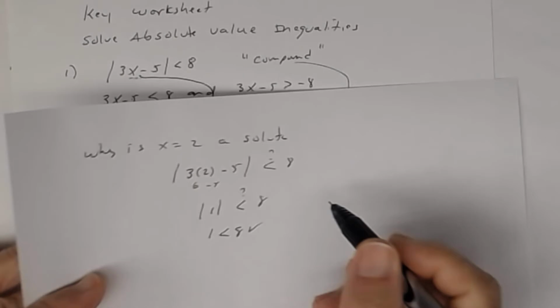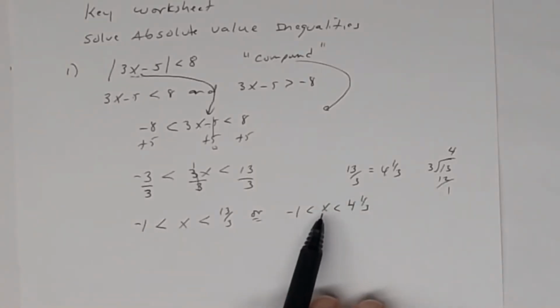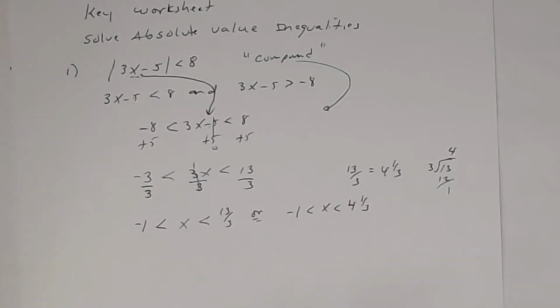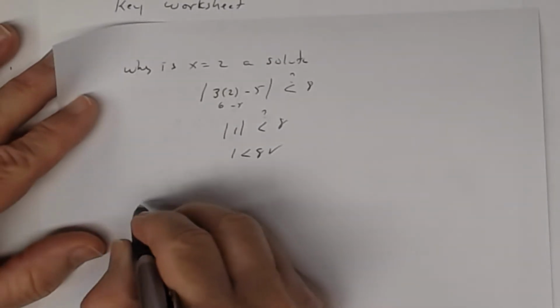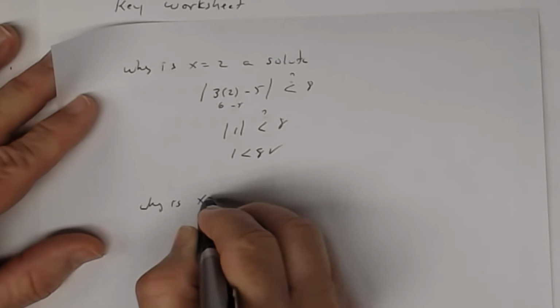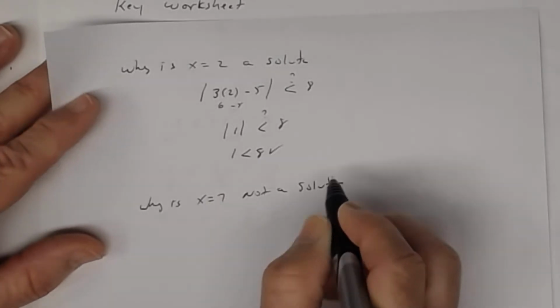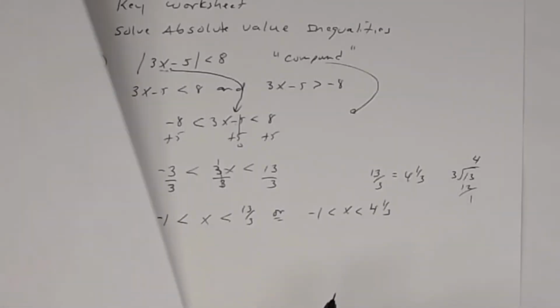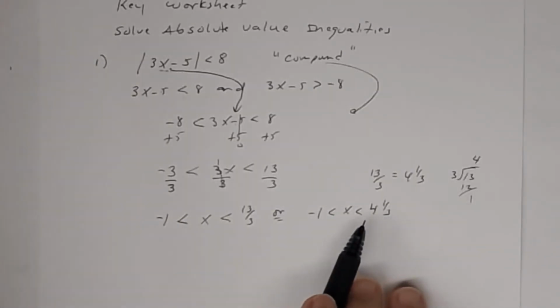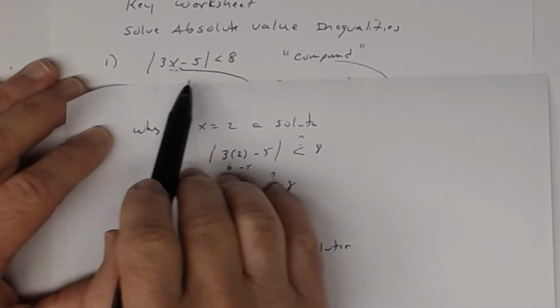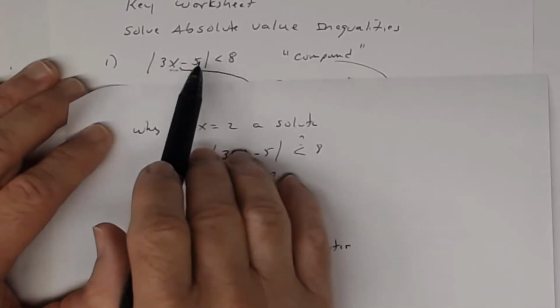And then if you pick a number that's not a solution, so let's say 7. 7 is not in here. So let's see why x equals 7 is not a solution. Well, for one thing, you see it's not in that interval, right? The other thing is that when you substitute x equals 7 into this inequality, it's not going to be a true statement.